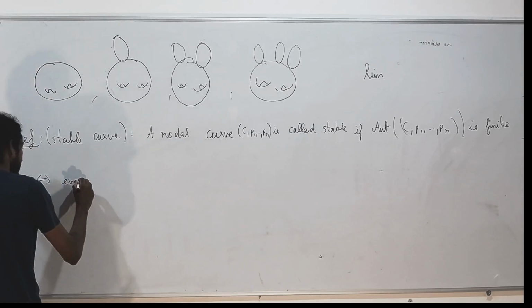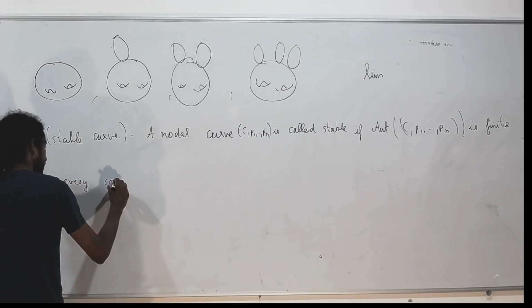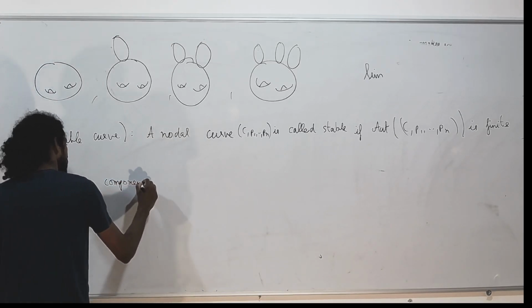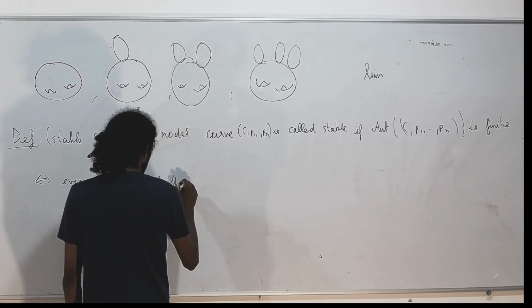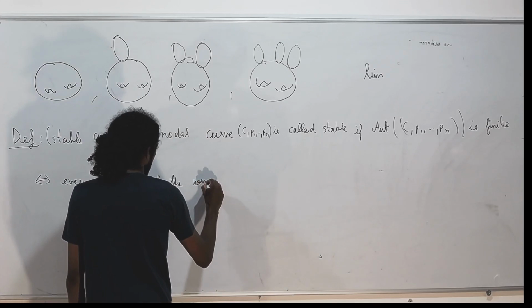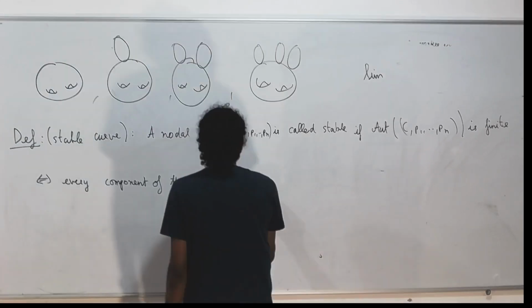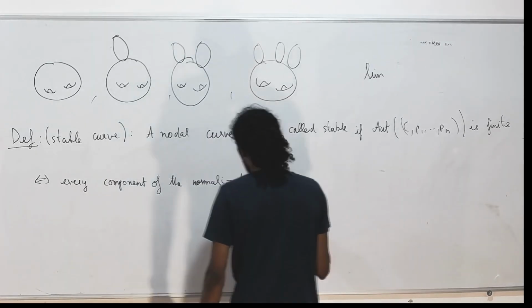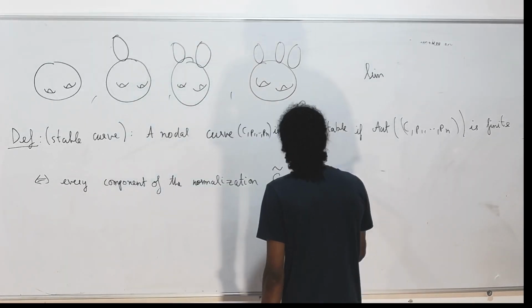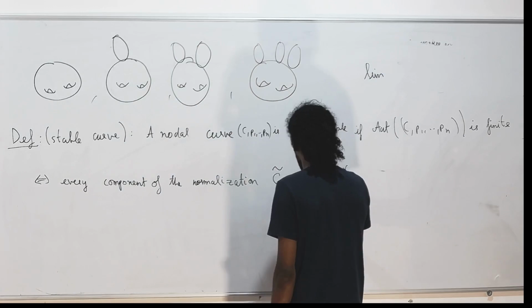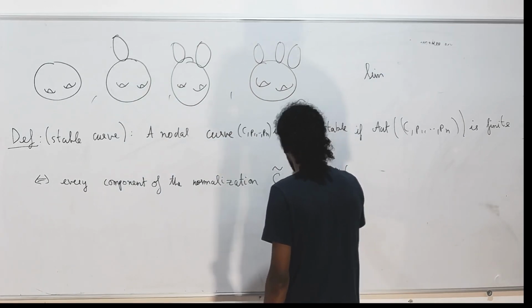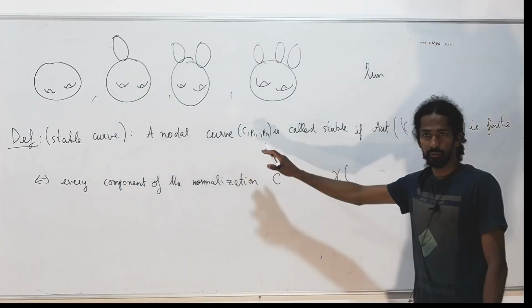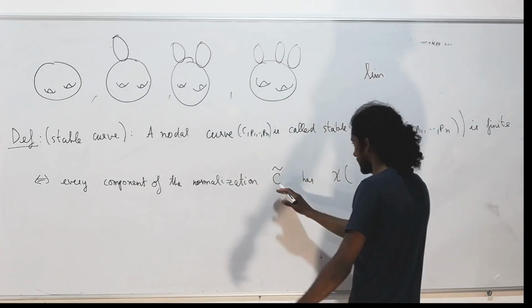every component of the normalization has negative Euler characteristic. I'll say in a second how to think about what a normalization is. I'll just forget about these marked points for now, but they're always there. It's just easier to write C tilde.